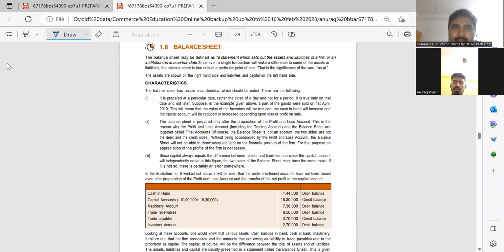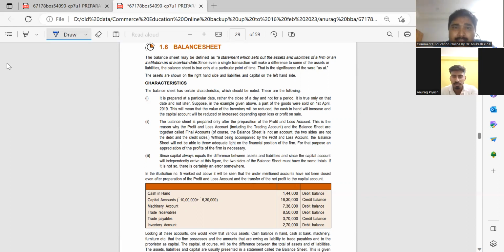Now we will discuss the balance sheet. Balance sheet may be defined as a statement which sets out the assets and liabilities of a firm. Or we can say it is a window which shows the financial position of a business.